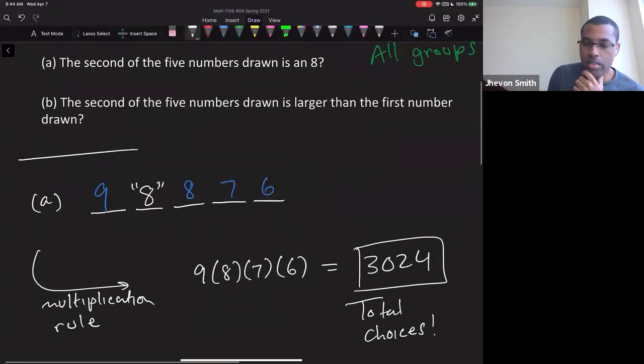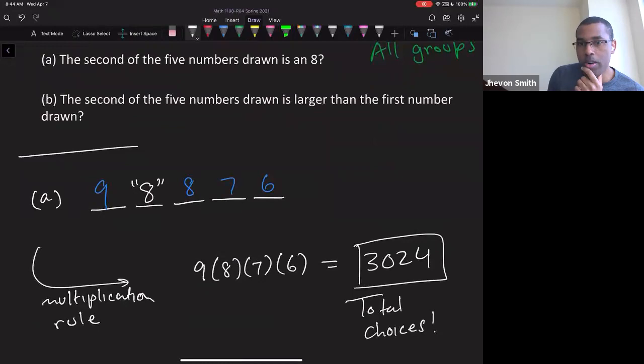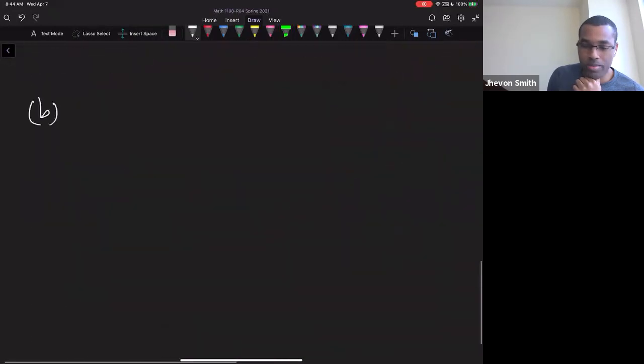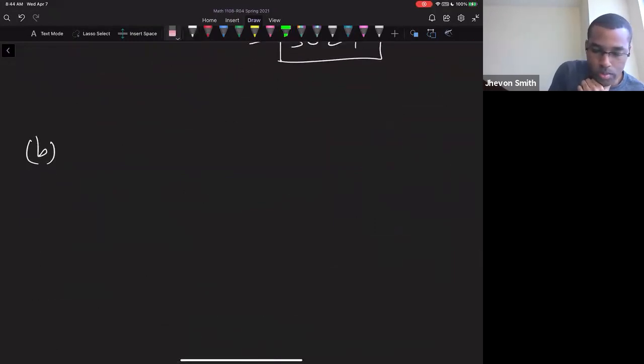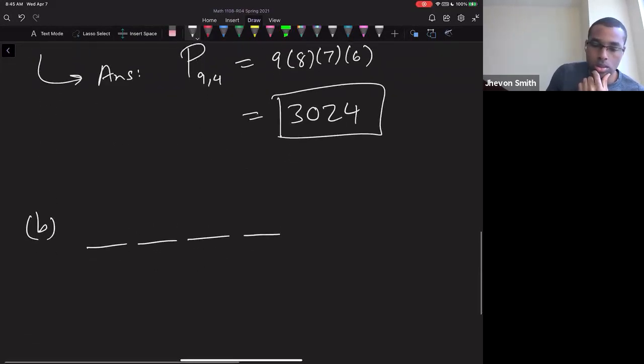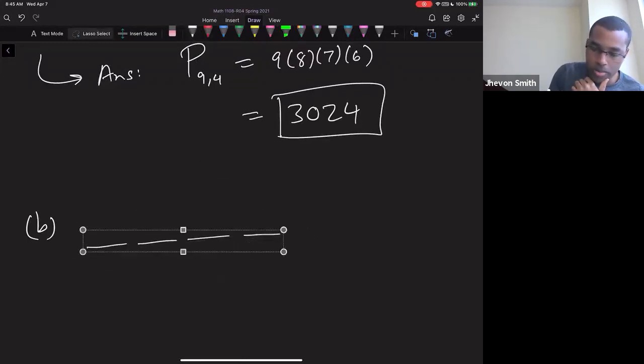B, the second of the 5 numbers is larger than the first number. That one is a little bit more tricky, which I will go through and sort of show you. So we can get on our way here. So what are the options for the second number to be larger than the first? Well, one thing you can note is that 1 could not be the second number.